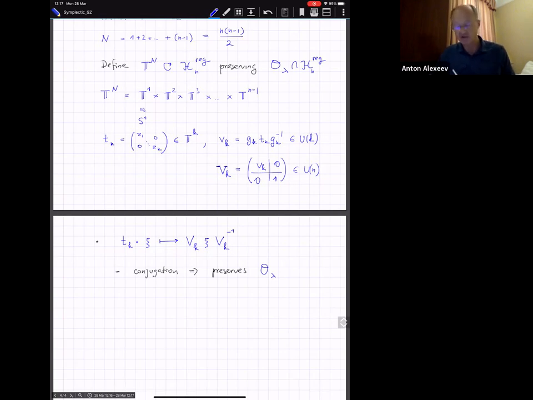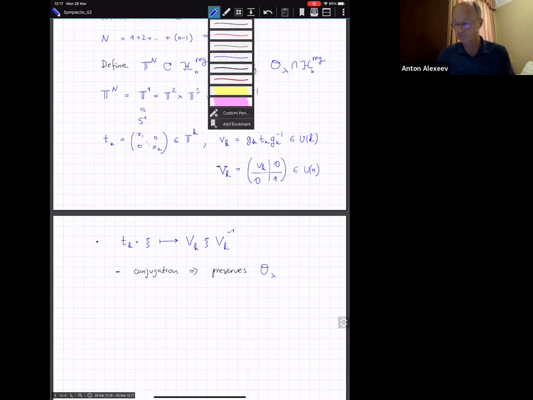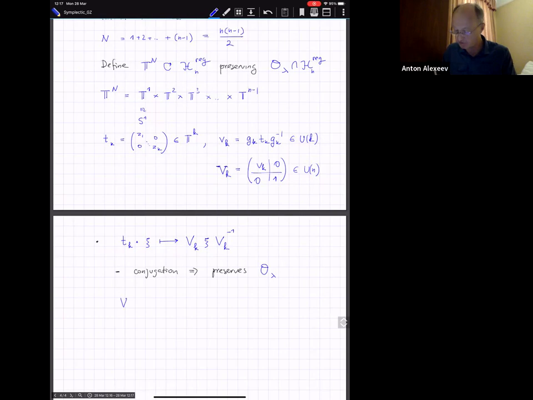Now, why is this an action of a torus? Maybe we can have a look in a little bit more detail at how all this looks. So let's write our matrices in a block diagonal form. Here we have Zk, and let me denote the other parts by Ak, Bk, and Ck. Right?